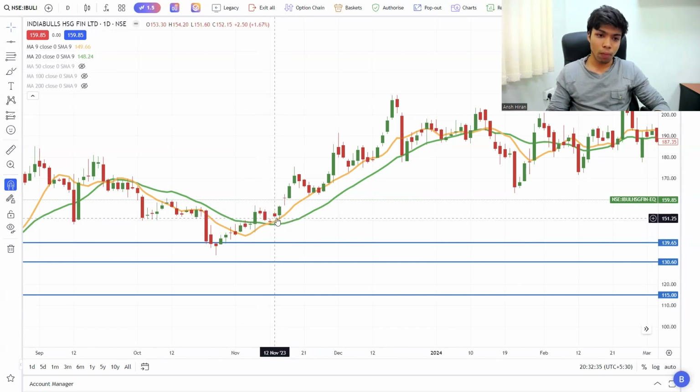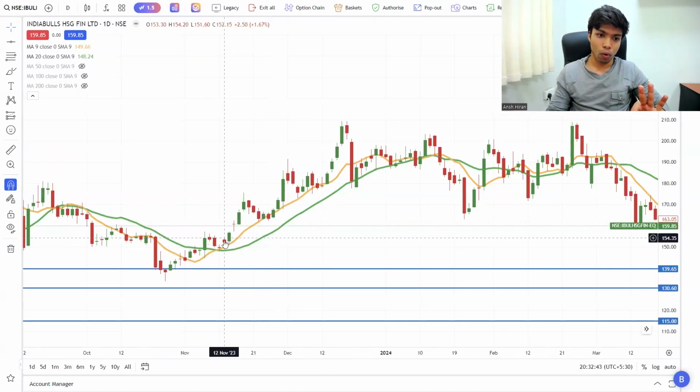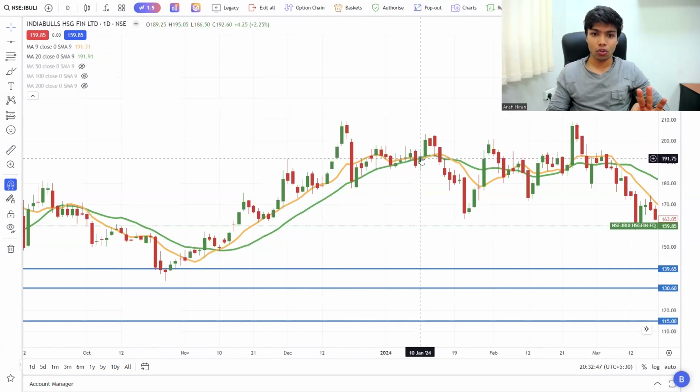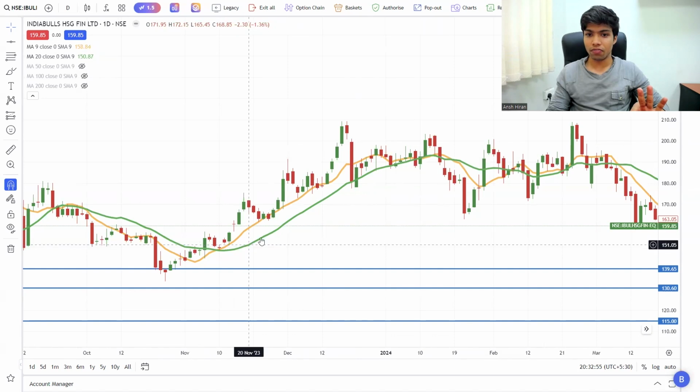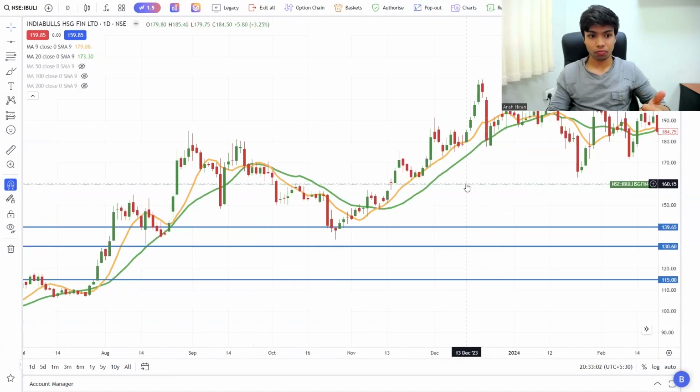You buy at this level and you continue to hold this position till the green one is above the yellow one. So look at this. You bought at this level, the market is going up and up, and here you will exit your position because the green one is coming down. So you bought at this level, you're selling at this level. This is your profit: if you bought at 159 and sold at 192, it's about a 35% profit.